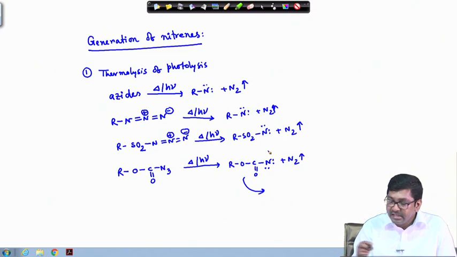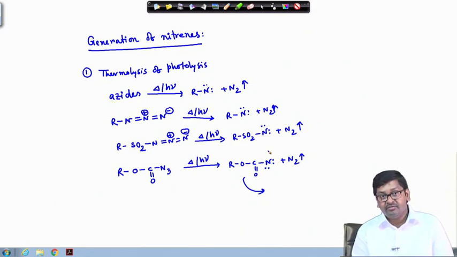I mean, molecules having various types of functional groups. Among them also, it can be selectively inserted into certain positions of these complex molecules, and that way these transition metal salts are nowadays very important to generate this type of nitrene. Okay.